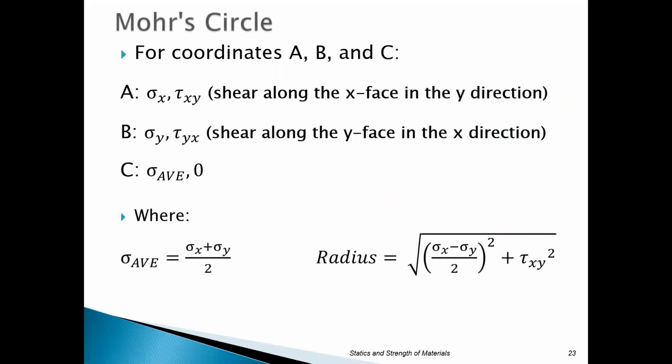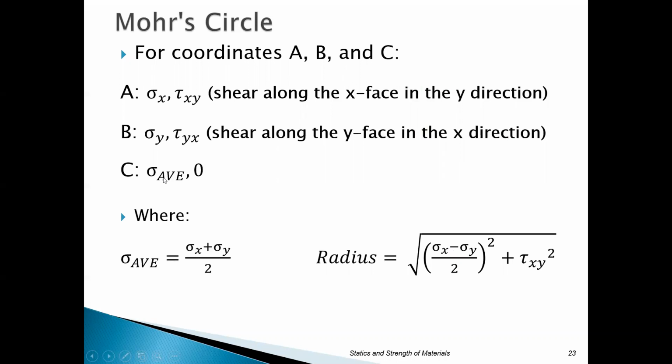Okay, so the first thing, you're going to calculate or figure out the coordinates A, B, and C. A is just the coordinates of the normal stress in the x direction and the shear stress along the x face in the y direction. And then B is the normal stress in the y direction, and the shear stress along the y face in the x direction.